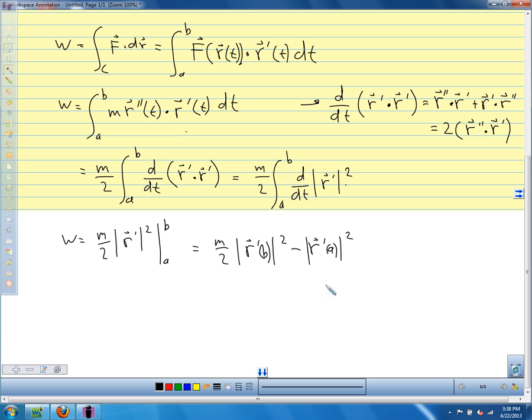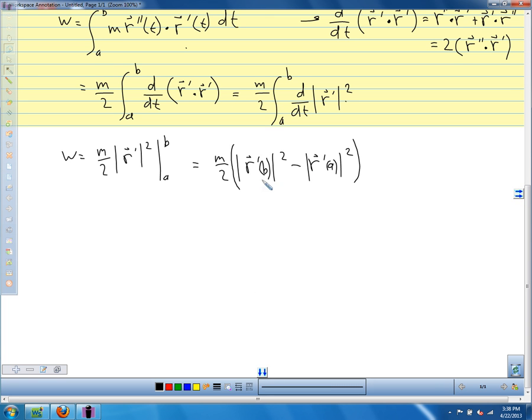And r prime of b and r prime of a, r prime is the velocity. And I need another parentheses around here because m over 2 is multiplying the entire thing. So I could write this as the velocity.